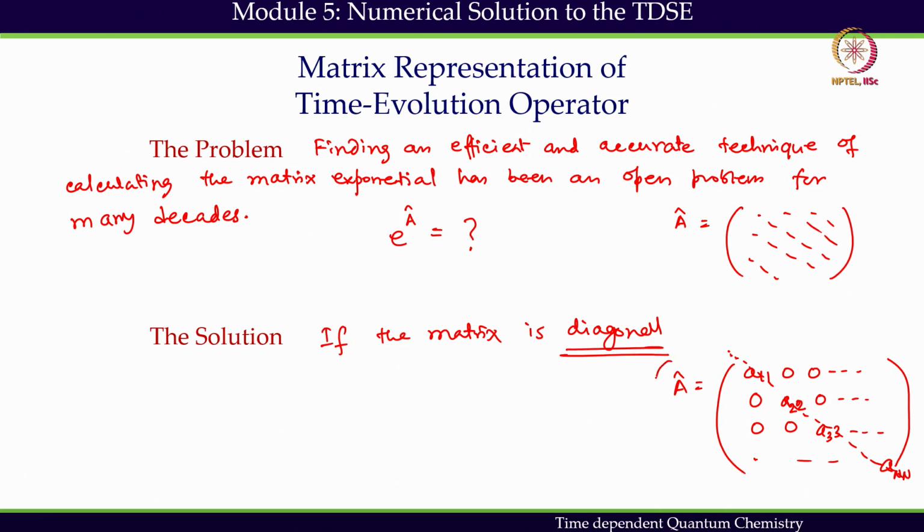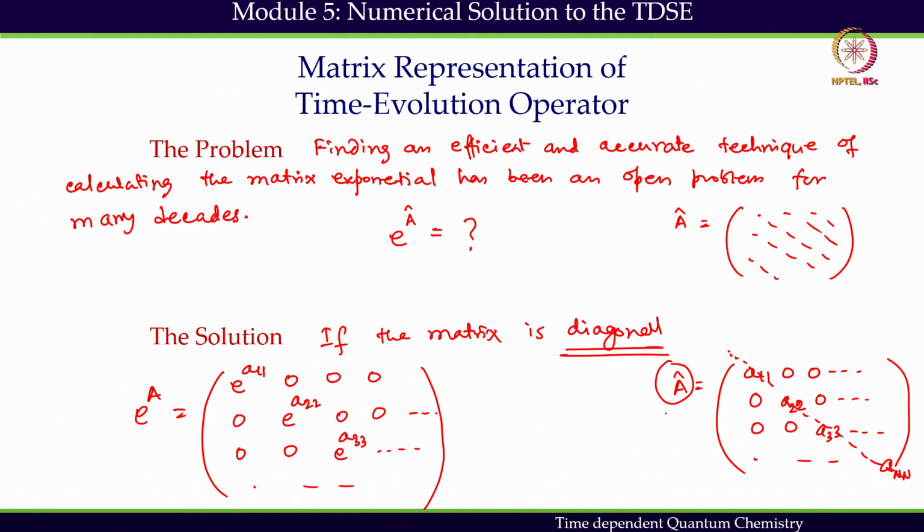And if I have a diagonal matrix, then e to the power A, the exponential of that matrix, can be calculated by exponentiating each diagonal element as follows. It is going to be e to the power a11, 0, 0, 0, 0, e to the power a22, 0, 0, then 0, 0, e to the power a33 like this.